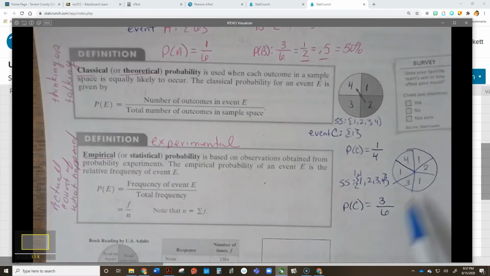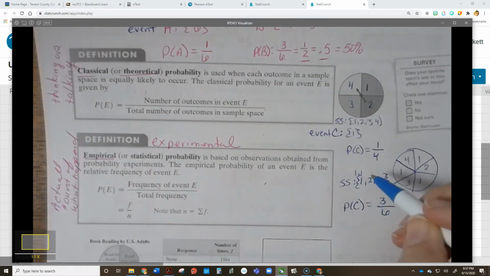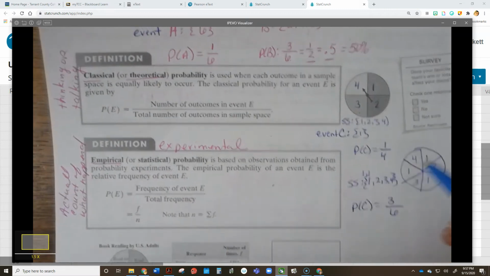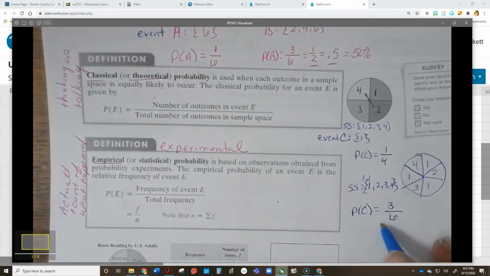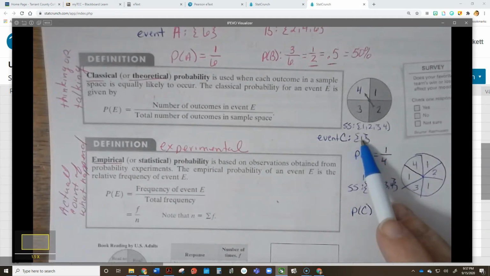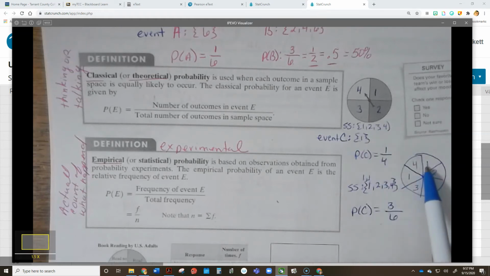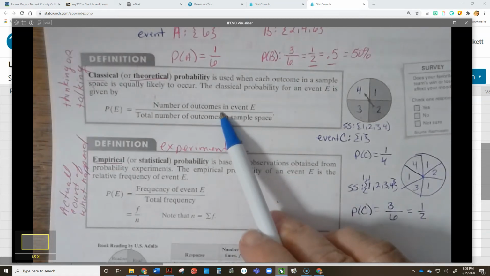I'd have to list them all, because the probability of me landing on a 1 is a half, because half of these numbers are ones. So yeah, I was wrong there. You do count the repeats. That has a total of 6 things in my sample space, and the event of landing on a 1 could happen 3 times, so it's 3 out of 6, and that reduces down to 1/2.